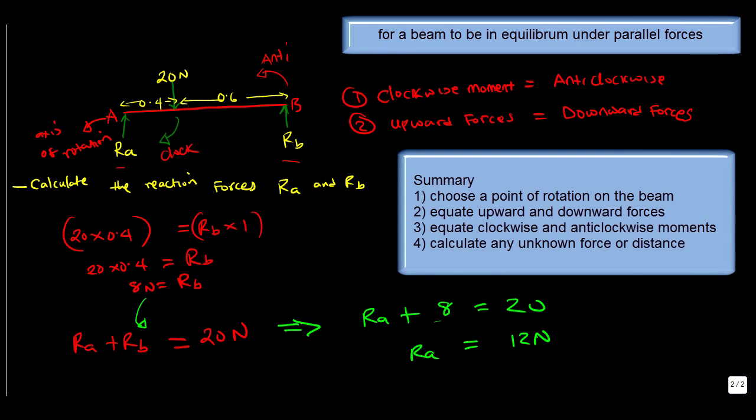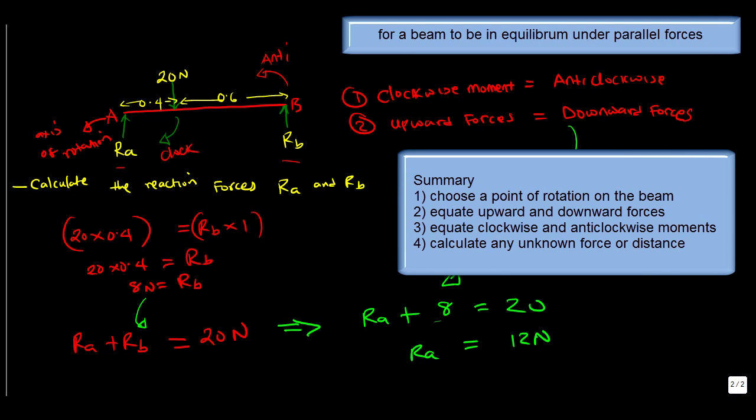So just to summarize, when you have a problem like this, the first thing you have to do is to choose an axis of rotation. So in this case, we've chosen A, and then work out the reaction force RB, and then use this rule here to work out the remaining reaction force, in this case RA.